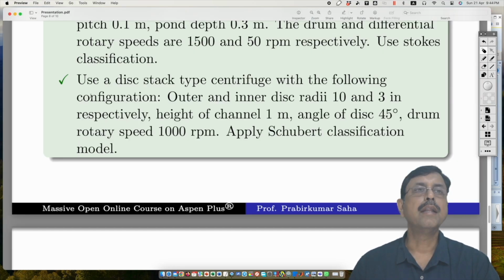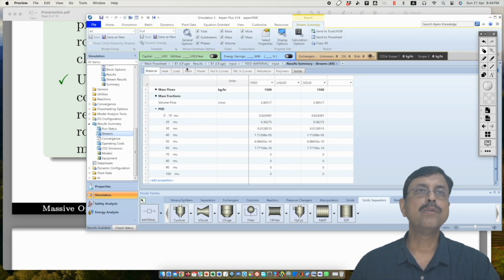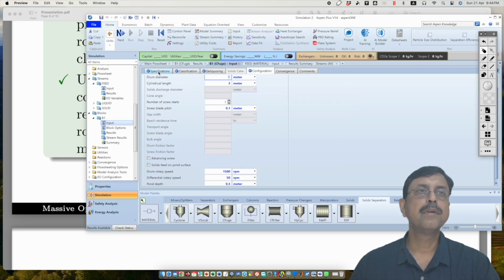Okay. And then use a disk stack type centrifuge with the following configuration. So the next problem will go to the disk type.